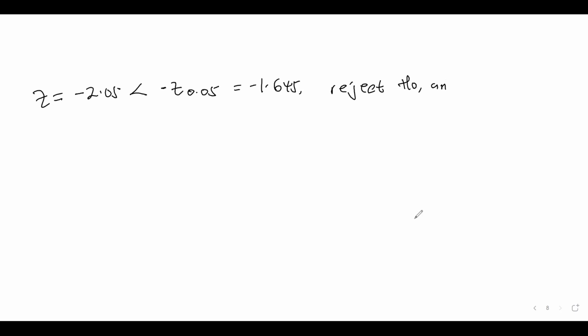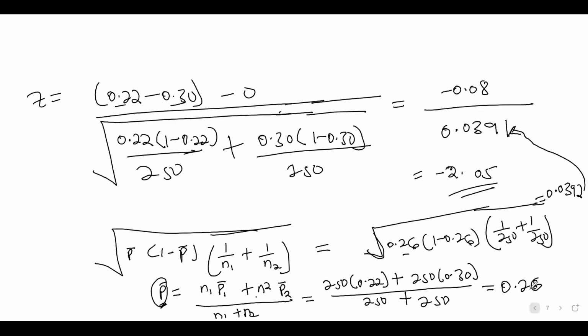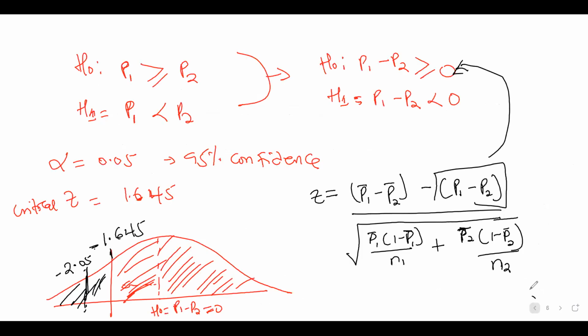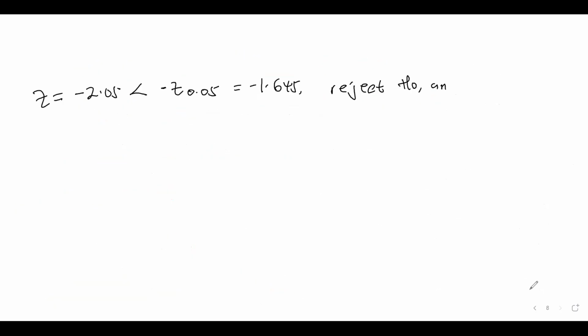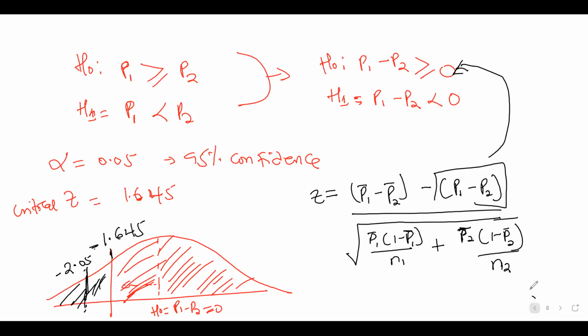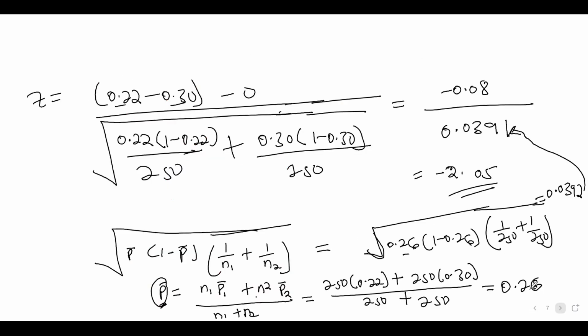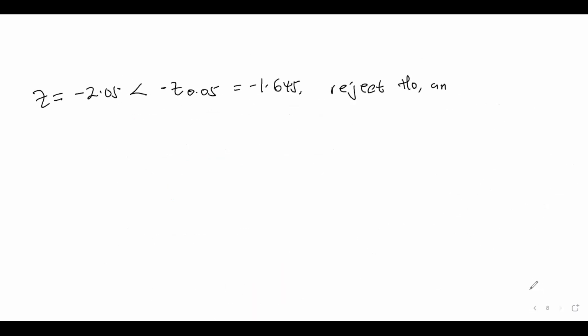And please, whenever you are rejecting the null hypothesis, you conclude using the alternative, all right? Let me say it again. Anytime you reject the null hypothesis, you conclude using the alternative, okay? So the null was that the new machine is not better than the old one. That was the null. The number of failures from the new machine is more than the old one, or the new machine is not better than the old one. Then the alternative is that the new machine is better than the old one, all right?